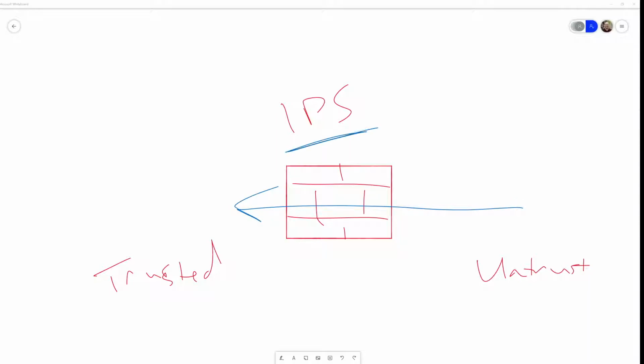So the intrusion prevention system takes the capabilities up a notch. The firewall may be able to send rules to a router that might be connected to the internet, and it might tell the router to do certain things based on the IPS capabilities. And so I just wanted to mention that's gonna take it up a notch.